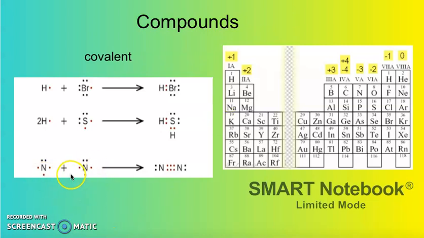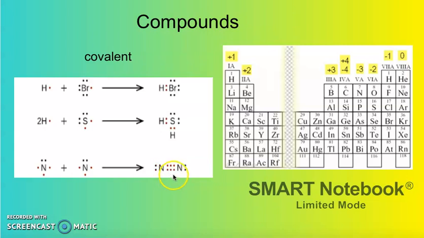Here we have nitrogen. This was one of those diatomic molecules, and they have to bond with each other. Now that one's going to end up being -3 and -3, so the diatomics are not going to be as easily balanced out. But look what's happened here. The nitrogen has arranged the electrons, and you can see it on the dot diagram.